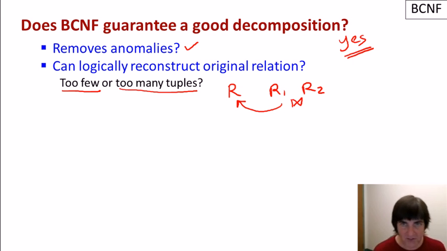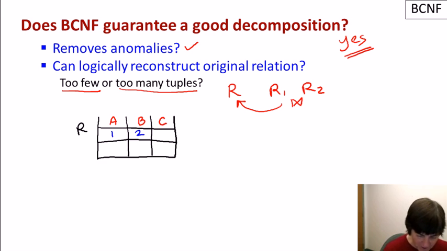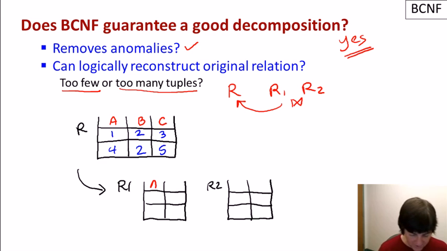It's the too many tuples that's a little bit more complicated to see, so let's just use a simple abstract example. Here's a relation R with 3 attributes, and let's have 2 tuples: (1, 2, 3) and (4, 2, 5). Let's suppose that we decompose R into R1 and R2. R1 is going to contain AB, and R2 is going to contain BC. So let's fill in the data.